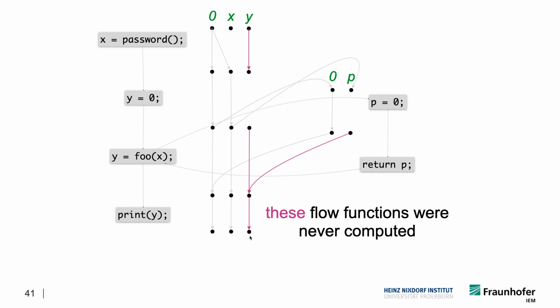So in particular, in the original approach, you would have computed an edge from Y to Y, because why not, right? I mean, Y is not overwritten by this statement. We would also have computed this edge and this edge and this edge, but all of these are actually unnecessary because they're not reachable from this node here. Okay. And that's exactly why they can be omitted, and that's also why the on-the-fly algorithm will not compute them.